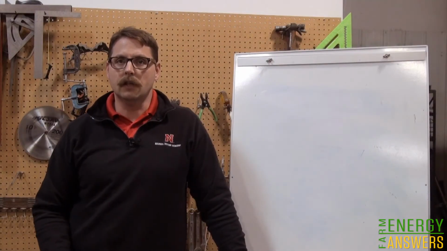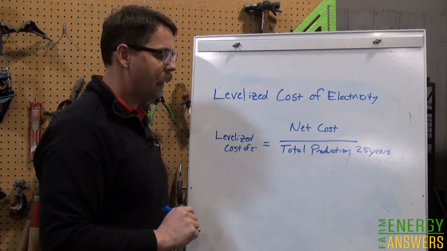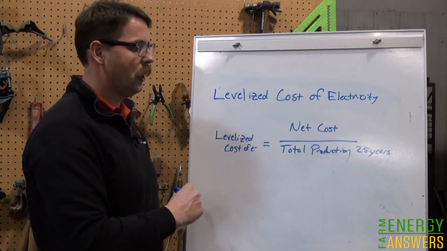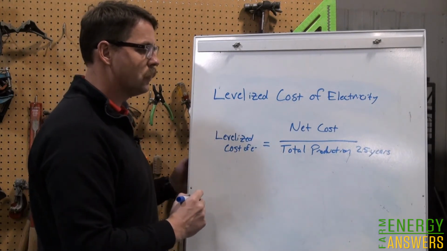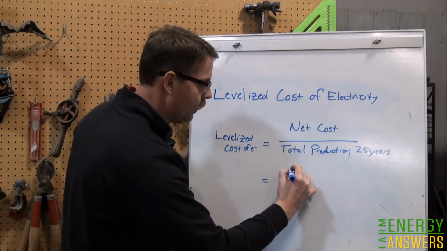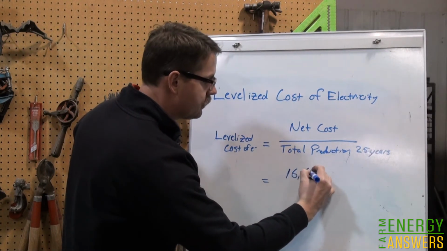Another useful metric is the levelized cost of energy. To calculate the levelized cost of energy, we're going to take the net cost of the system and divide by an estimate of the total production of the system across its entire life. In this case, we'll assume that it will last for 25 years. So for our 10 kilowatt example, our net system cost is $16,650.